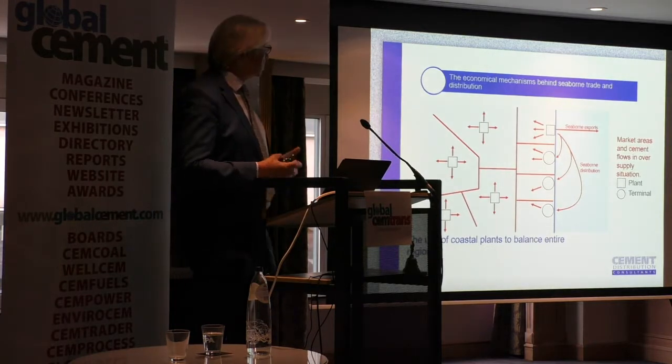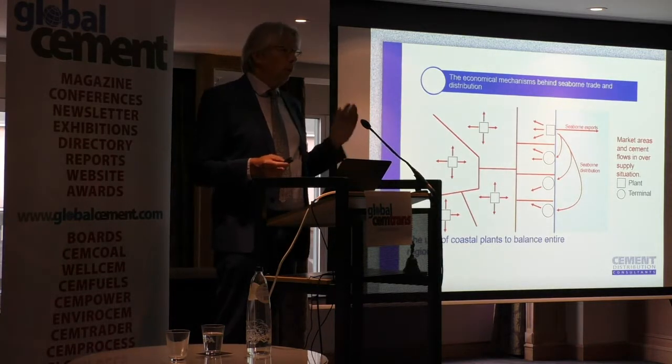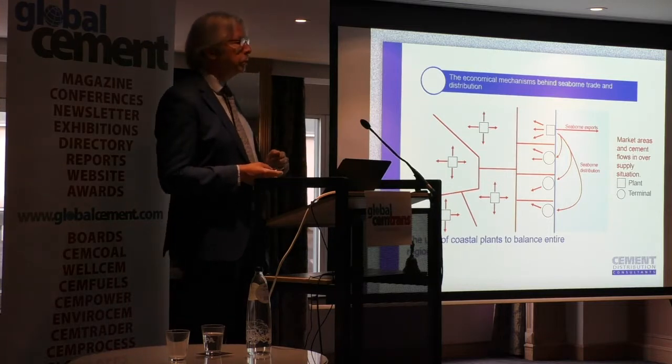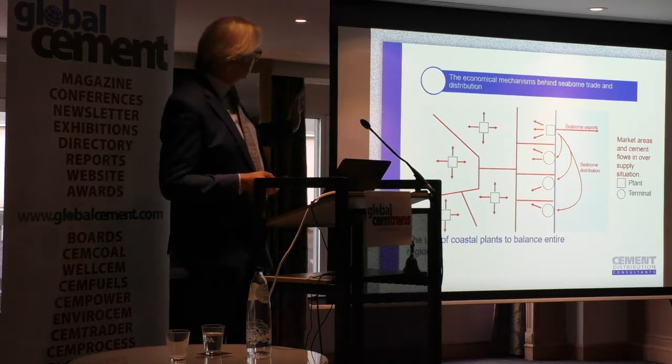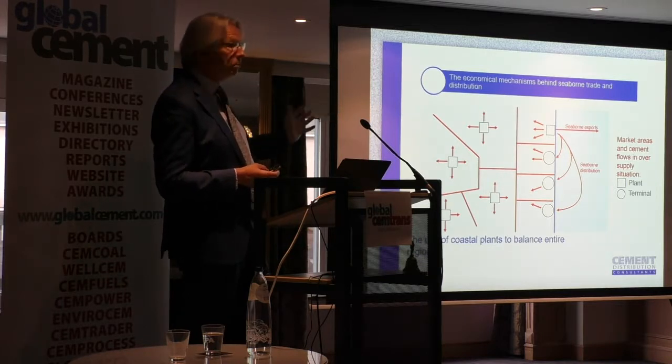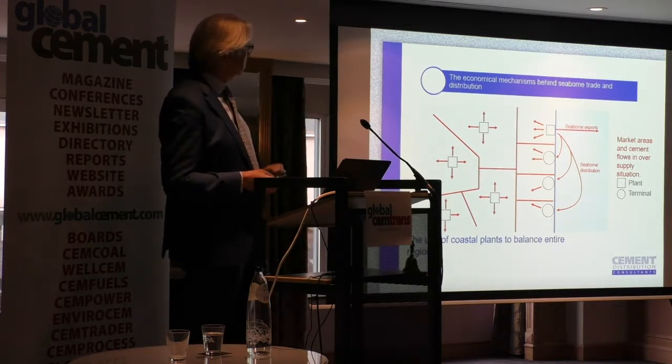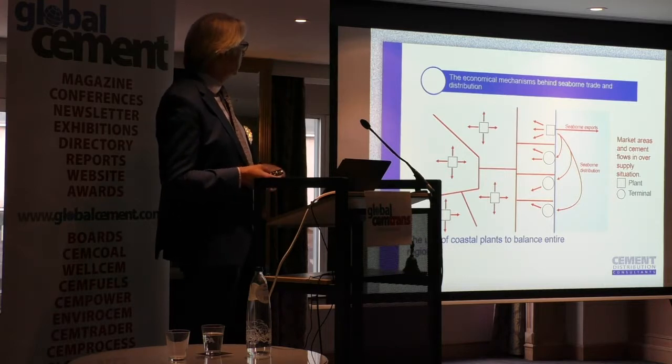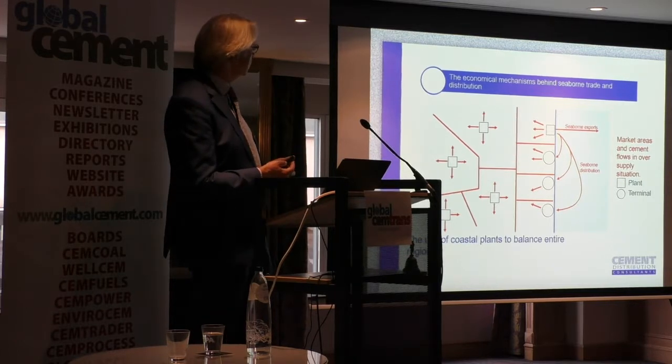Another interesting aspect is that one coastal cement production plant can affect, let's say, a lot of inland cement plants in the same group as well. Here you see a situation in a country which has an oversupply situation.